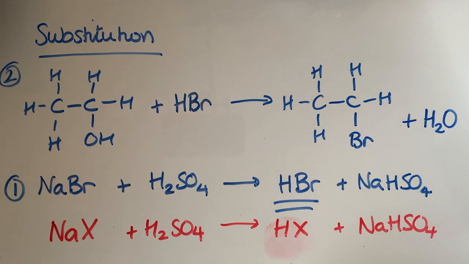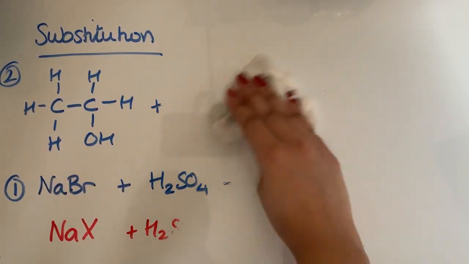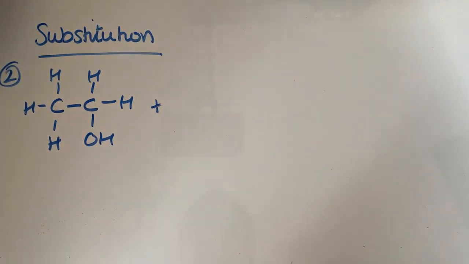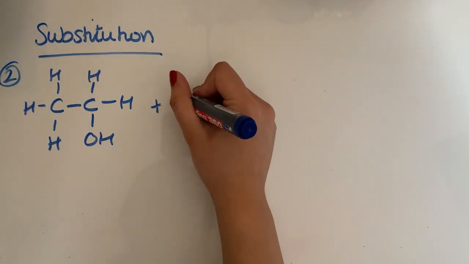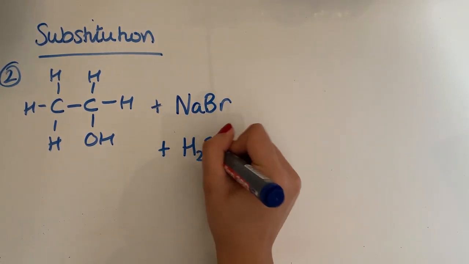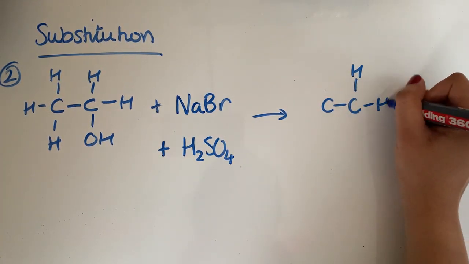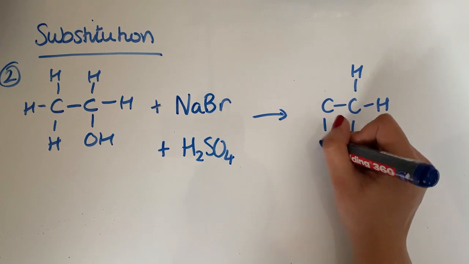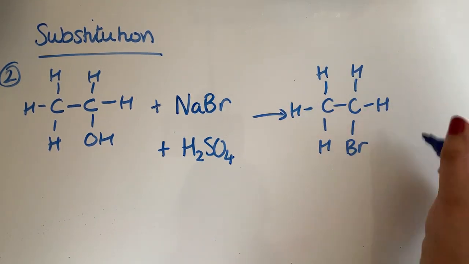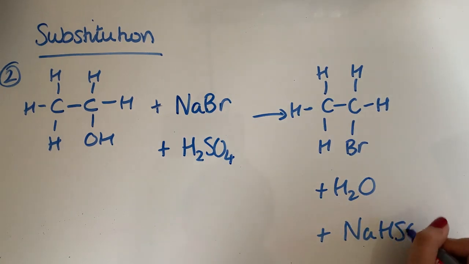In terms of the overall reaction for this, you're reacting this with sodium bromide and sulfuric acid, and you're releasing the haloalkane, and we're producing water, and we're producing sodium hydrogen sulfate.